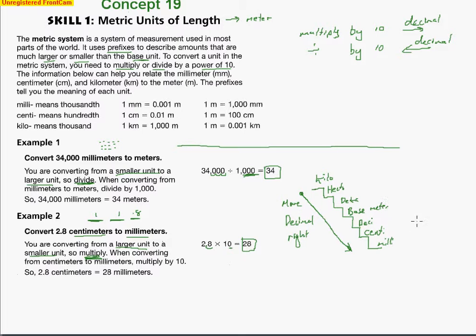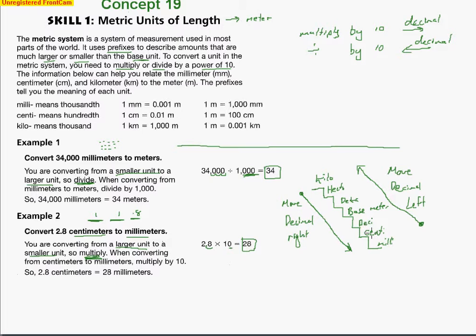Well, if I'm going from a small unit to a large unit, I'm going up the stairs. But as I'm going up the stairs, I'm going to the left. And that's the way you move the decimal. Move decimal left, and you move that many spaces.